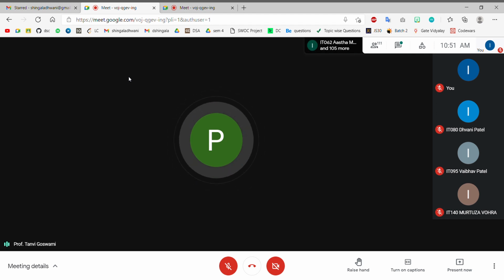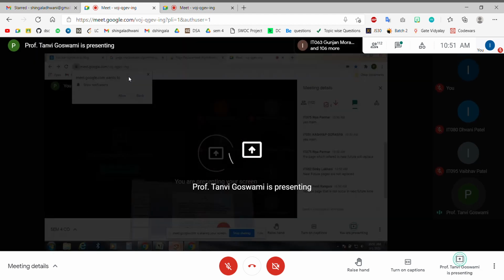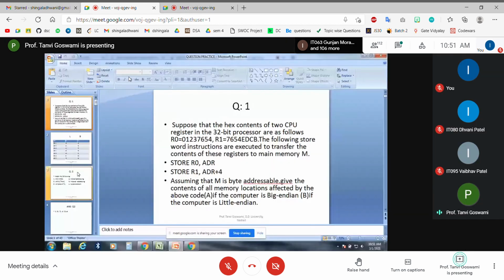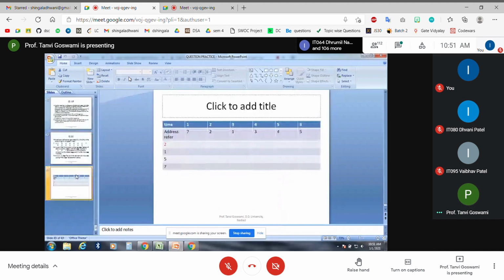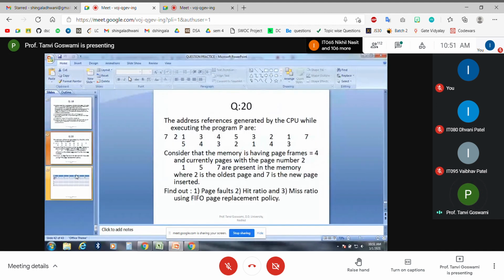Okay. So before we move on to the next algorithm, I just want to quickly revise and solve a question related to the optimal page replacement algorithm. So this is the one.